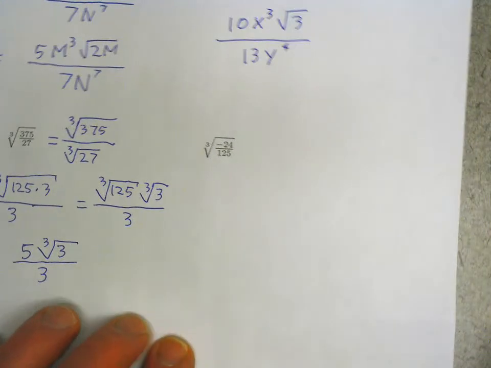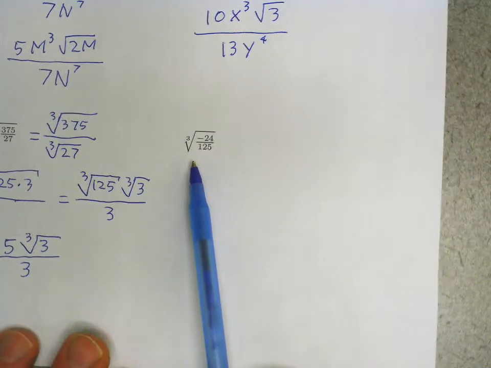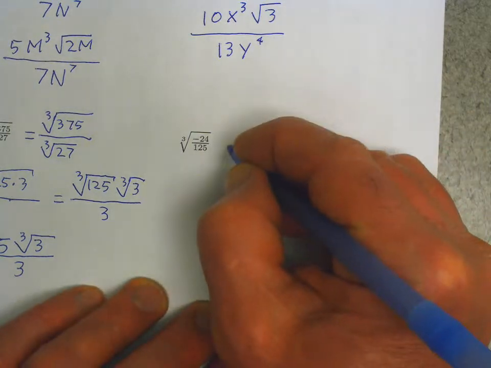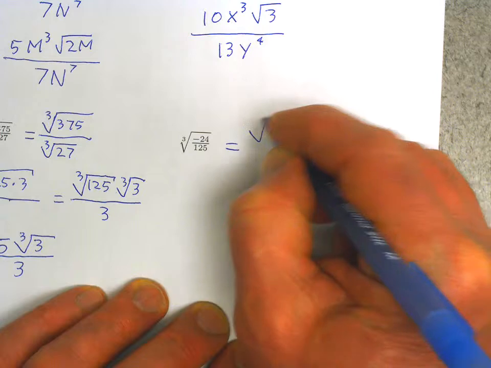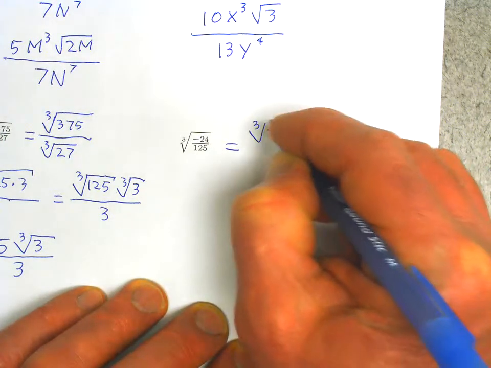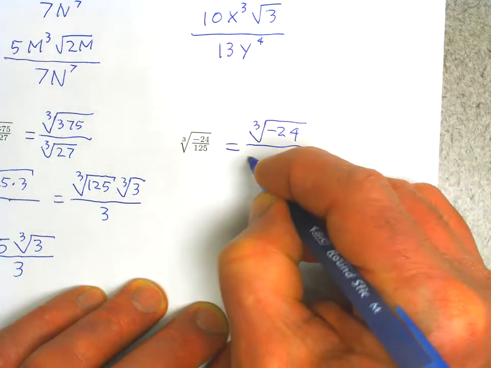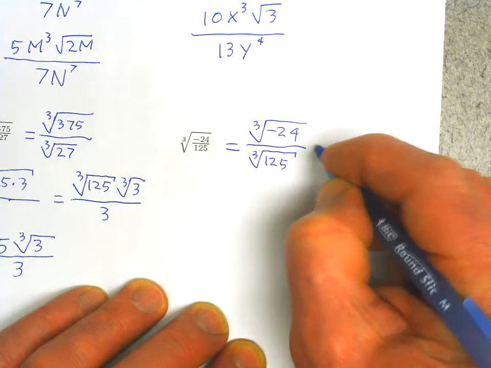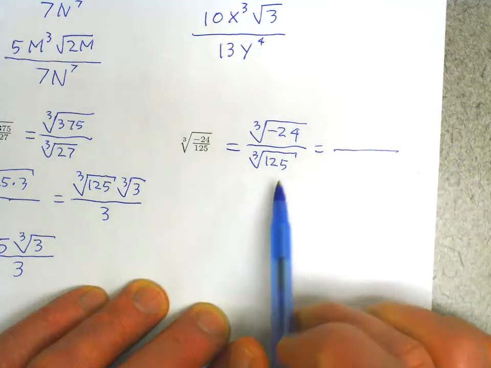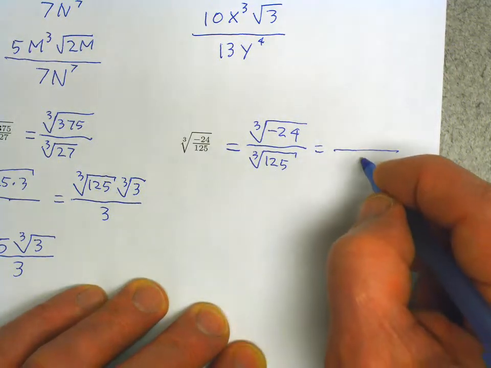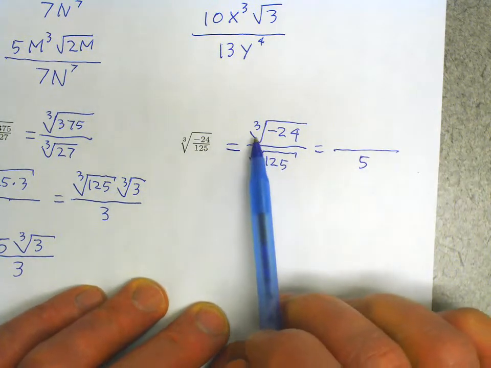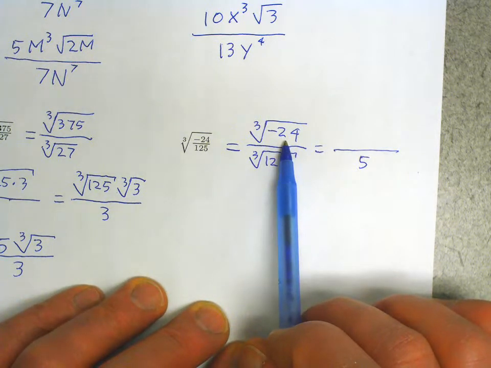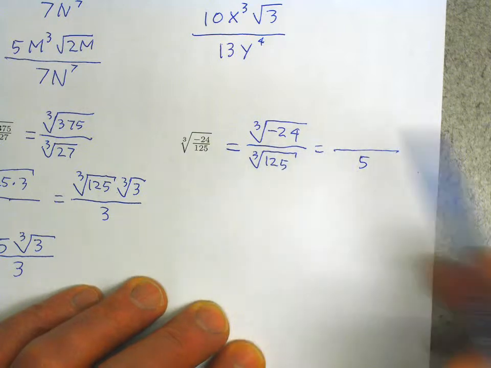Okay, in the next example, simplify the cubed root of negative 24 over 125. So let's write it as the cubed root of negative 24 over the cubed root of 125. The denominator simplifies nicely. The cubed root of 125 is just 5. And then in the numerator, the cubed root of negative 24, negative 8 is a perfect cube factor of negative 24.